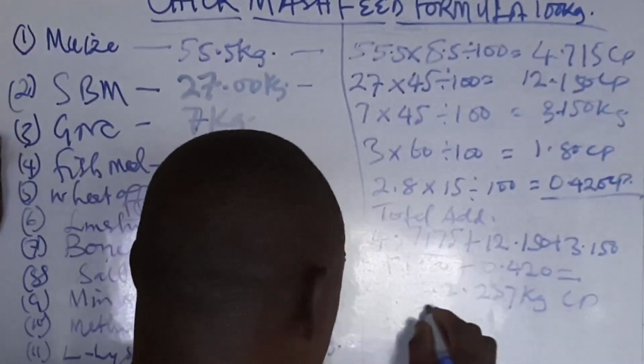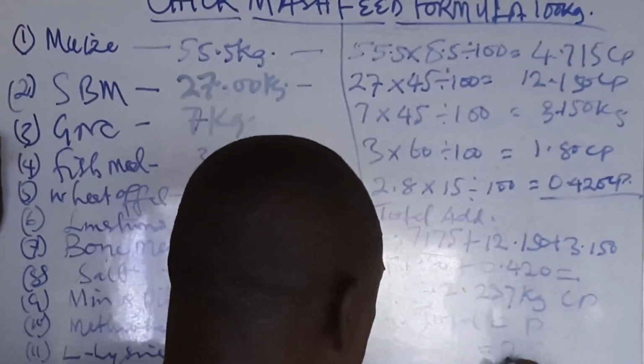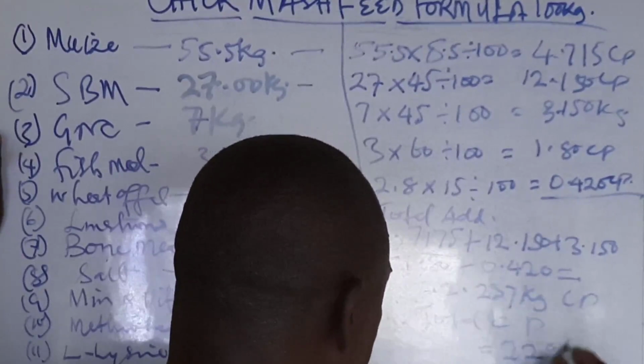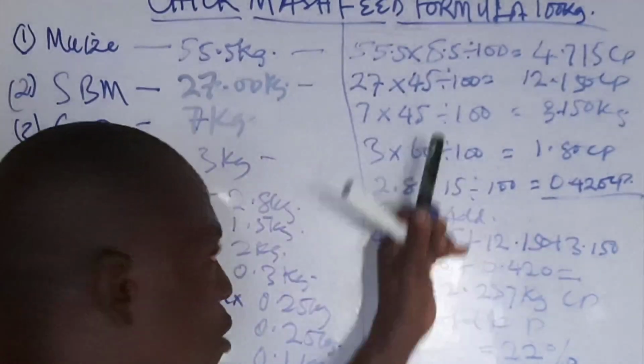Therefore, total CP is 22% crude protein. That is the total percentage of the crude protein.